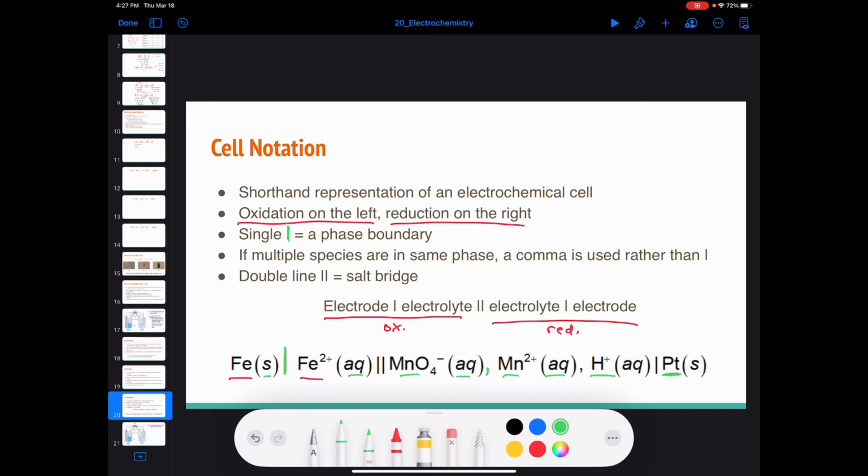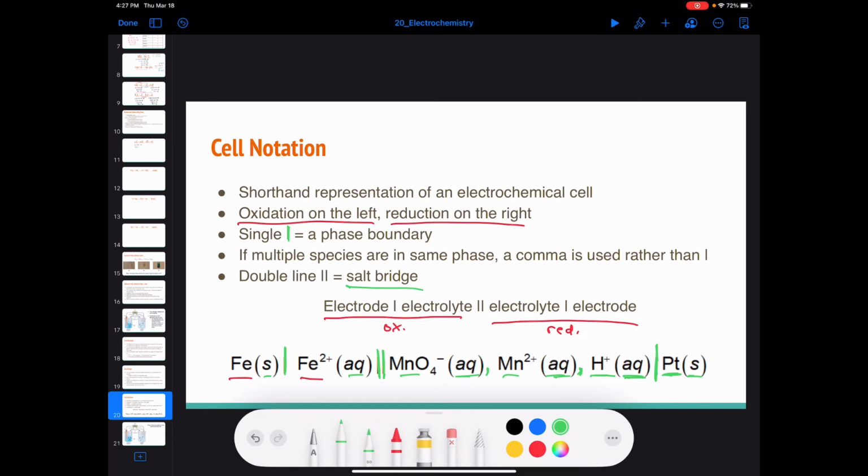So again, notice commas in between anything where it's just aqueous to aqueous. But when we go from aqueous to solid, we put in a phase boundary line. And then in the middle, between the two electrodes, we're going to put two of these lines to represent our salt bridge, okay? So that's what's happening.